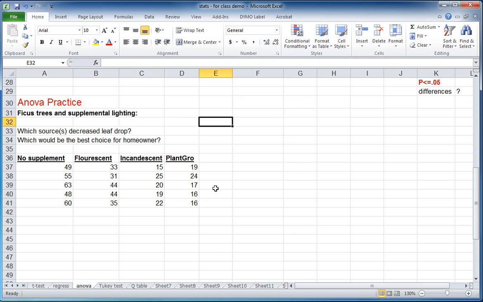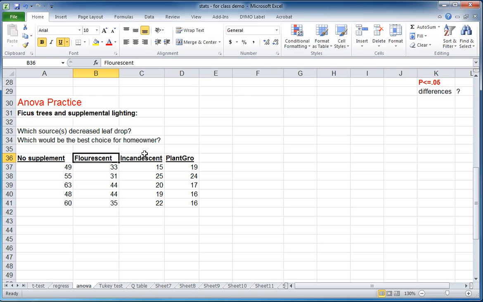This little experiment is a little bit different, where what we have are different ways of providing supplemental lighting to ficus trees to keep them from dropping leaves. Isn't that annoying when you have a ficus tree in your house and it's dropping leaves all the time? Well, that's a lack of light in many cases. It can be other things too, but in a lot of cases it's lack of light.